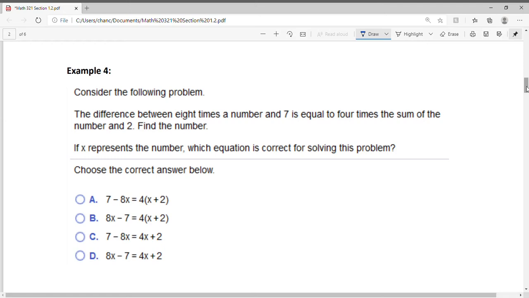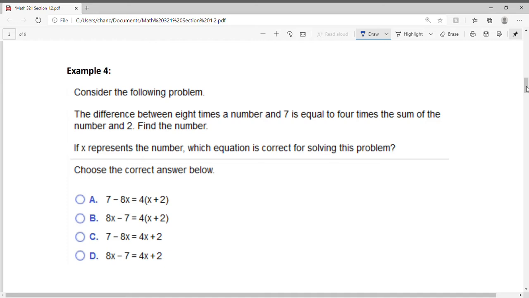Example 4. The difference between 8 times a number and 7 is equal to 4 times the sum of the number and 2. Find the number. So in this question, we just want to find the equation. Now let's see.